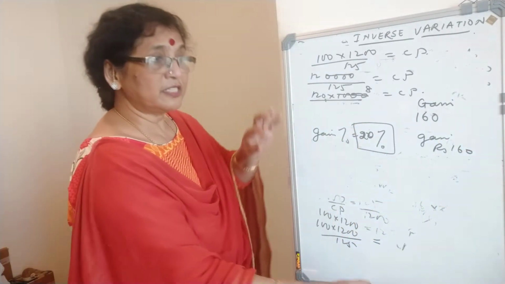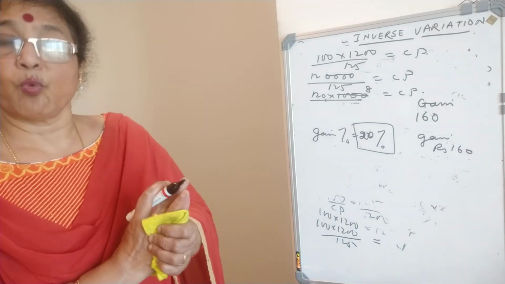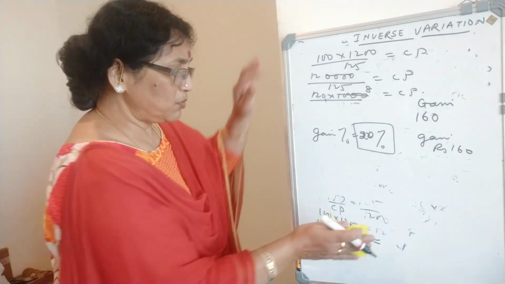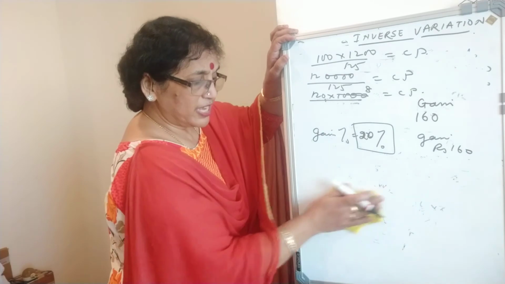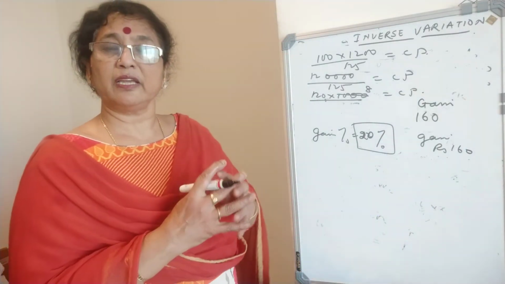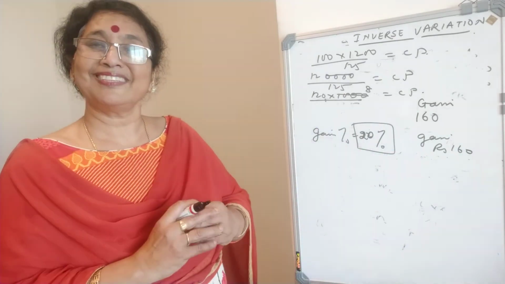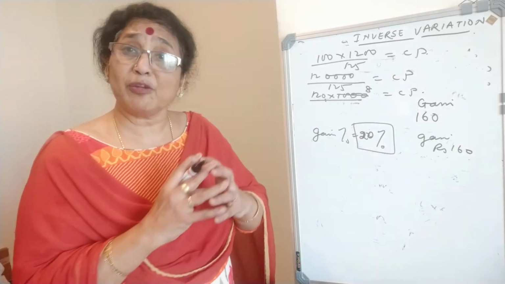So the question is, what is the selling price? What is the cost price? Both can be asked. If I sell an article at a gain percent of 20 and my overall gain after selling the article is 160, again make an equation, start with the 100 equation. What will be 100?